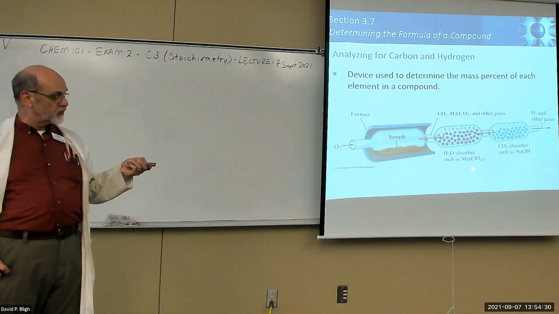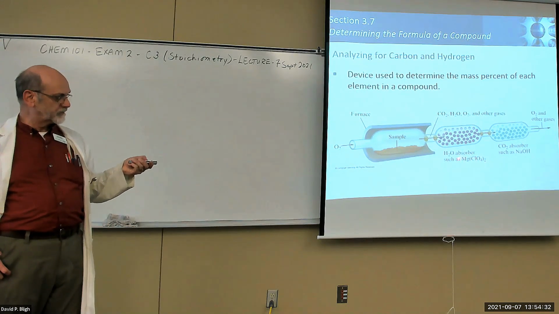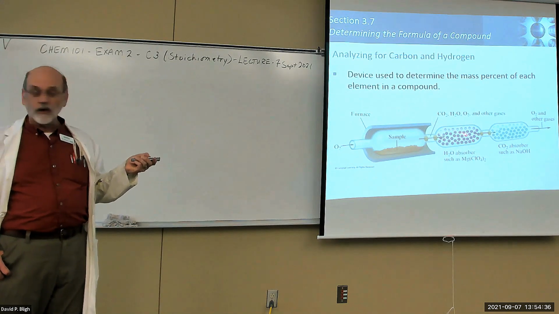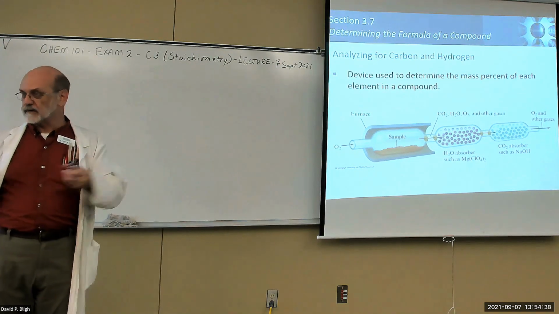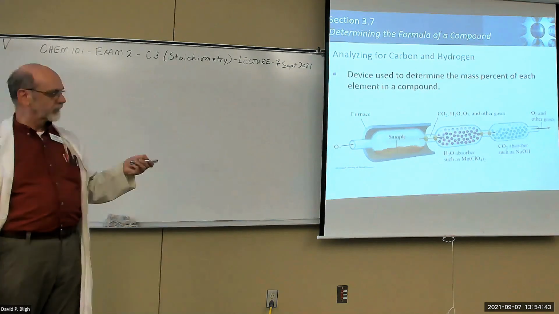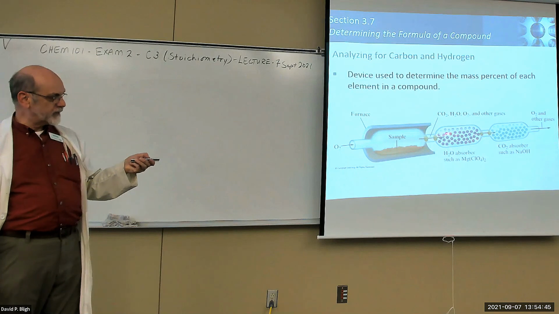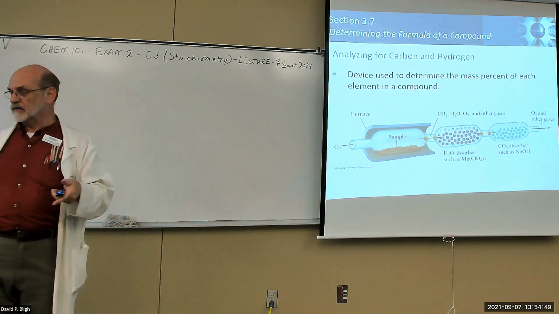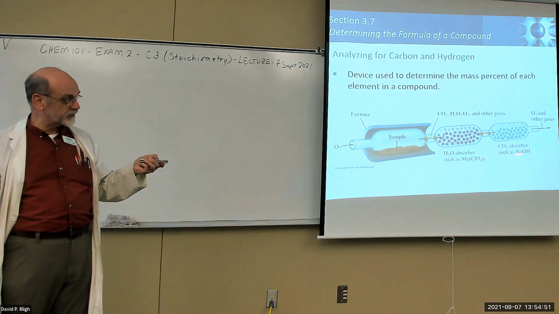You absorb the water with magnesium perchlorate. Sucks it up like a sponge. You know the weight before, and then you just take it apart and weigh it afterwards. I've done this before, it works. And then you keep the gases going through here, and you pick up the CO2 over here, and do the same thing, weigh before and after. In this case, we pick it up with sodium hydroxide.